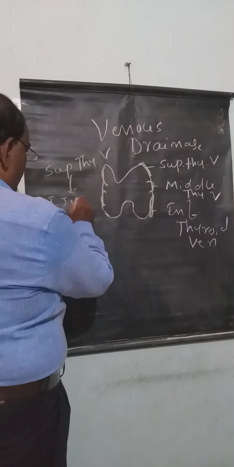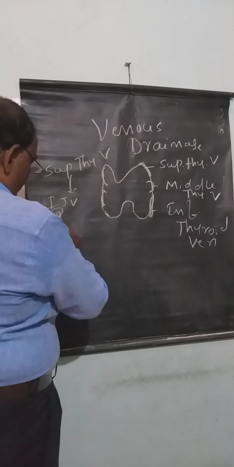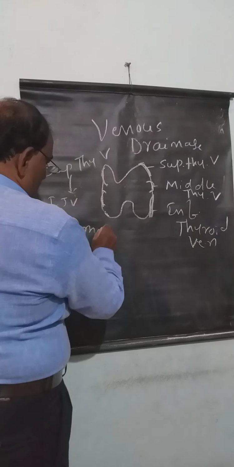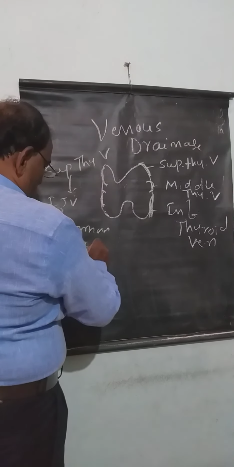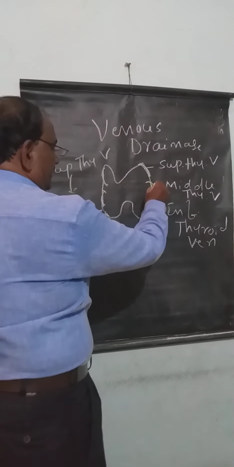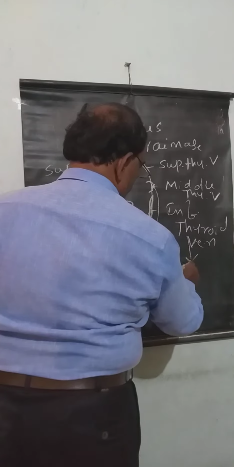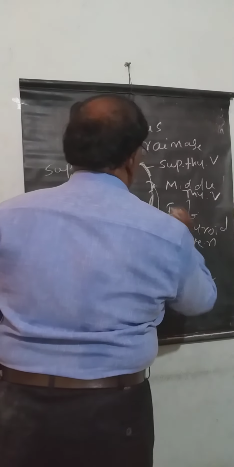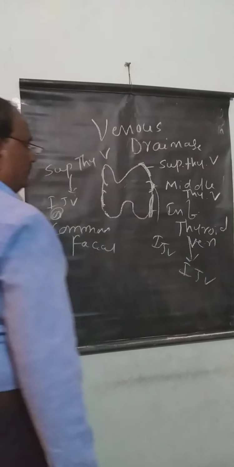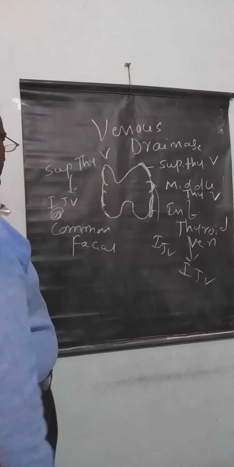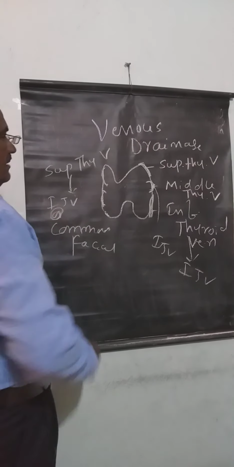This also drains into the internal jugular vein. Ultimately, the venous drainage is into the internal jugular vein or common facial vein.